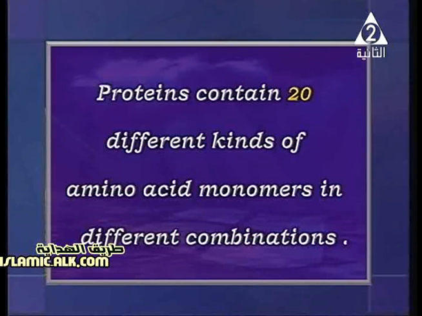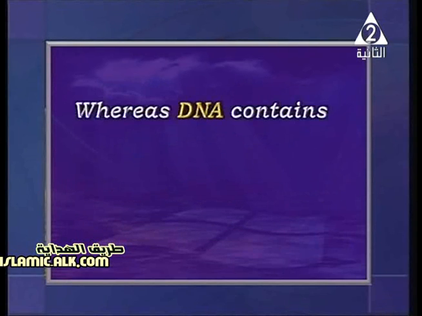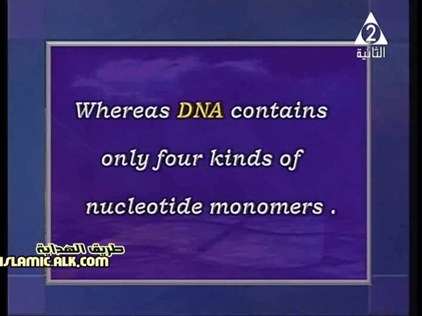They are responsible for forming the variety and all the variation between proteins. They actually differ in their combination. Whereas DNA itself contains what? It contains 4 kinds of nucleotides or monomers. So we have here the question that we started the episode with.